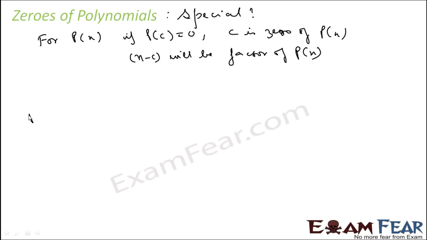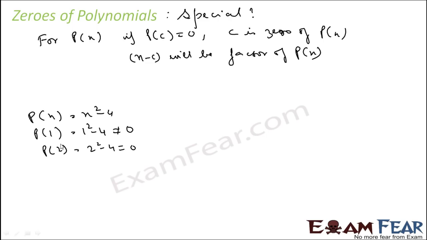For example, let's take p(x) is x square minus 4. So let's find p(1). p(1) is 1 square minus 4. That is not equal to 0. p(2) is 2 square minus 4. That is equal to 0. So if you see p(2) is 0, that means I can say that x minus 2 is a factor of x square minus 4.